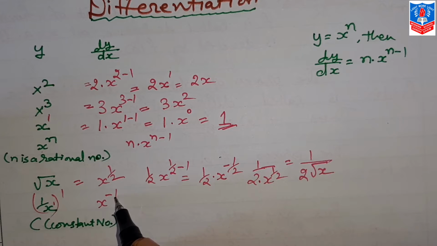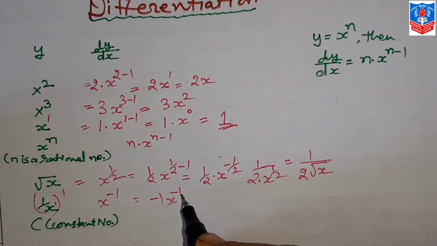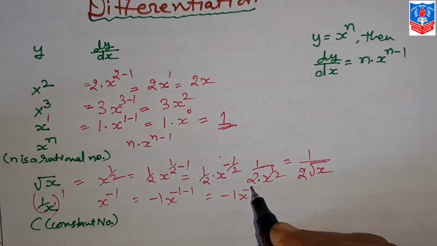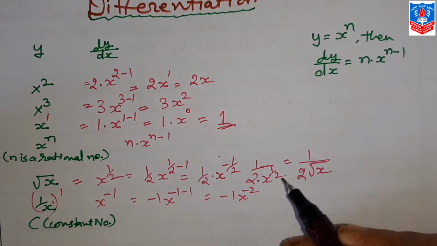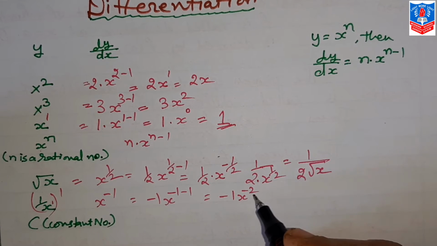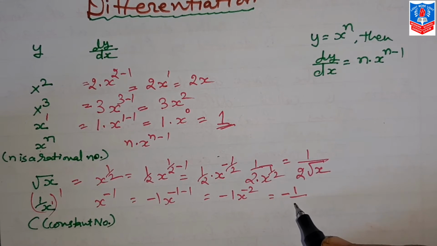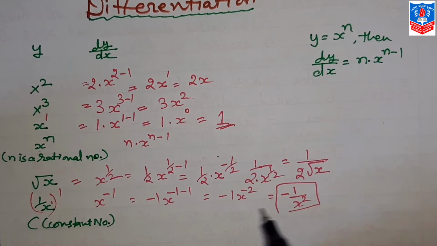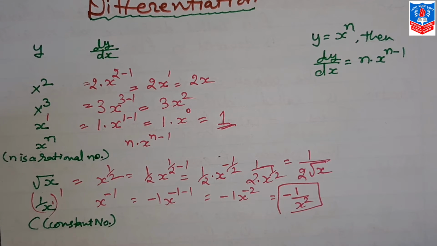Now this is your value of n, which will be minus 1, x raised to minus 1 minus 1 will be minus 1, x raised to minus 2. Now this minus 2, we make it positive, so take it back down, it will be minus 1, x raised to 2. So this is 1 by x, and its derivative is minus 1 by x square.